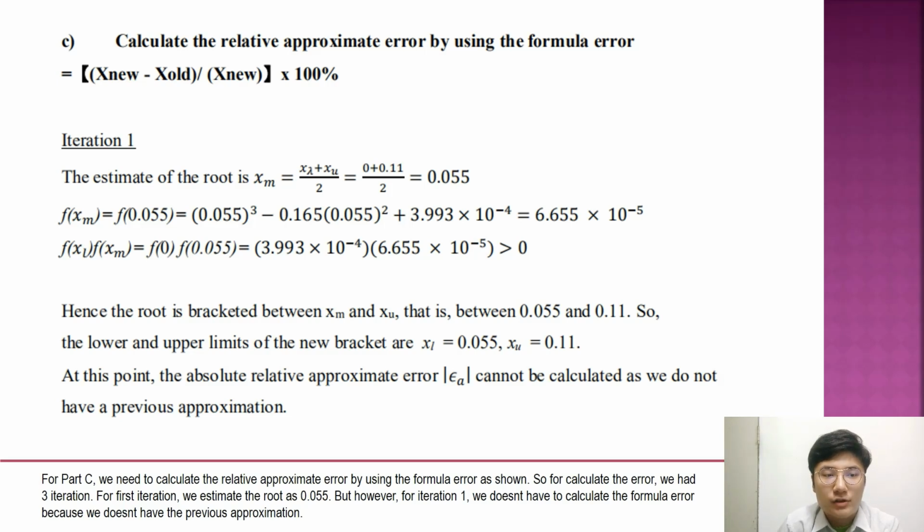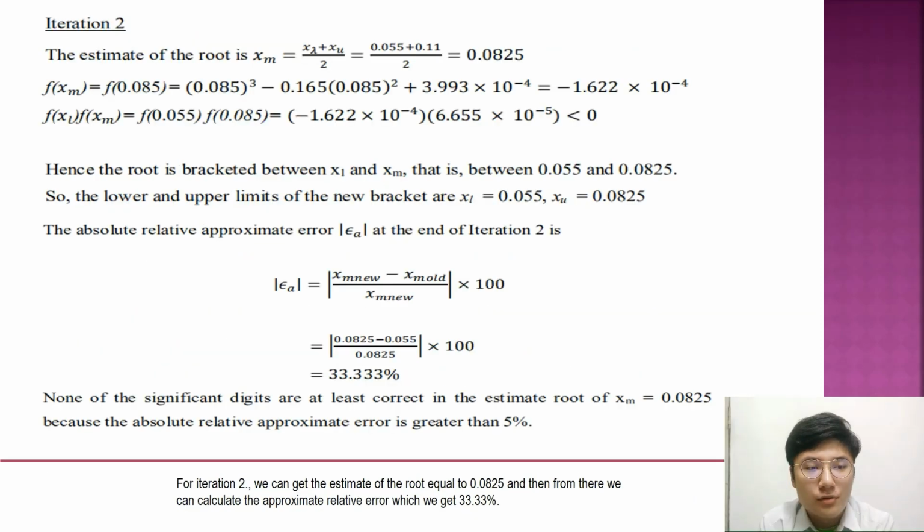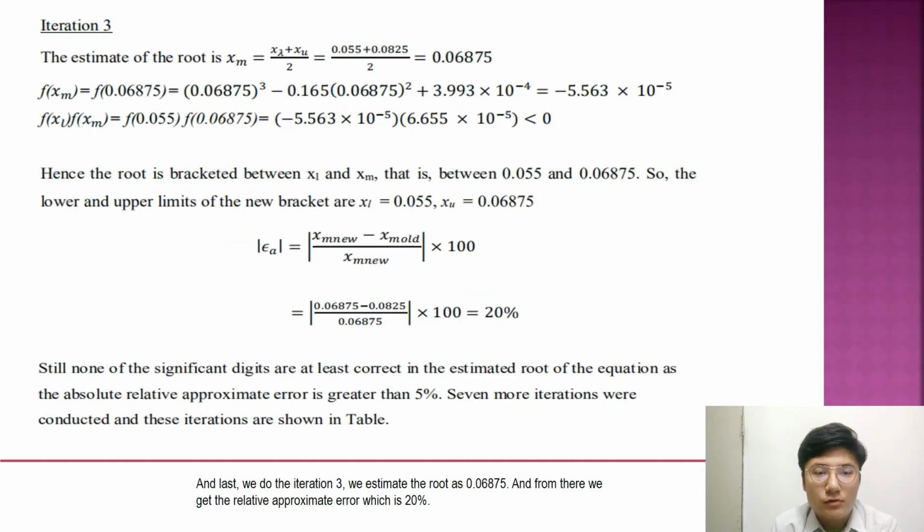However, for iteration 1, we do not calculate the error because we do not have a previous approximation. In iteration 2, we get the estimate of the root as 0.0825, and from there we calculate the approximate relative error, which is 33.33%. Last, we do iteration 3. We estimate the root as 0.06875, and from there we get the relative approximate error, which is 20%.